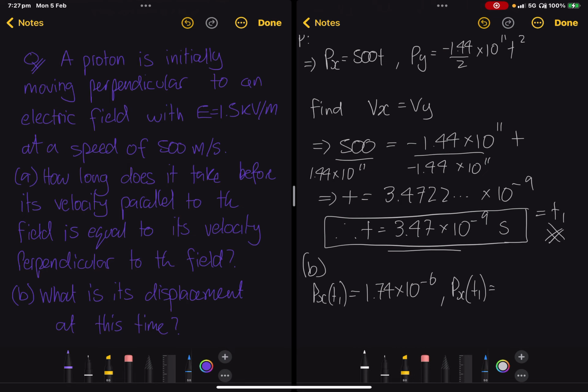So this is going to be multiplied by 3.47 times 10 to the minus 9 squared. So we're going to get some comically large value here. So it'll be minus 8.67 times 10 to the minus 7. So we're just approximating these.